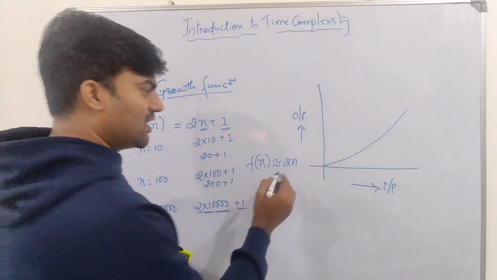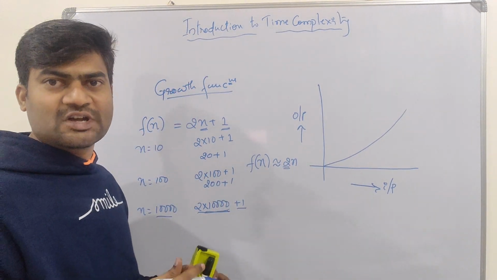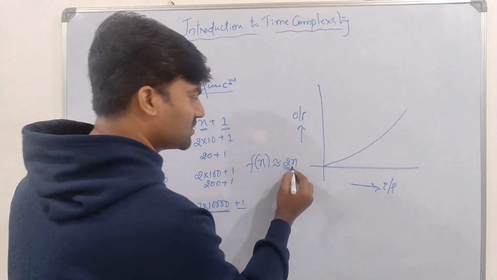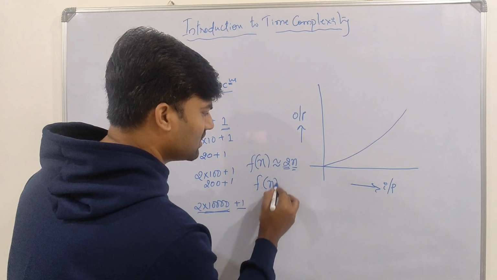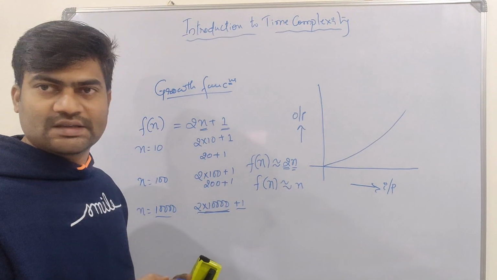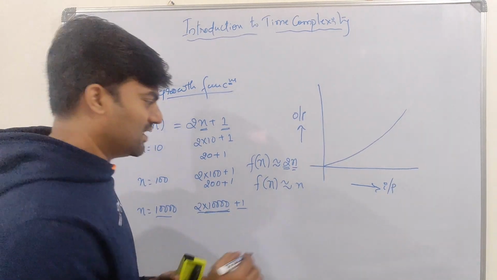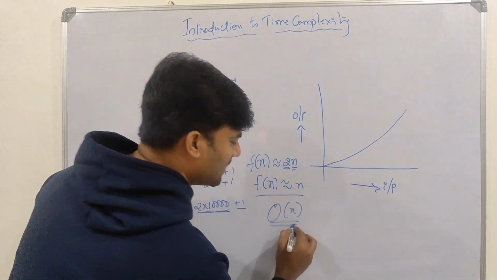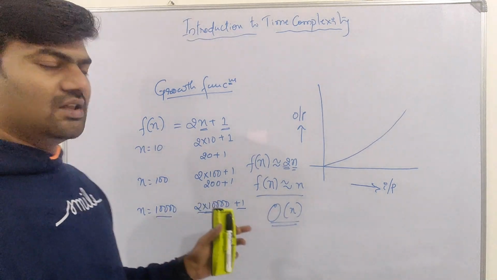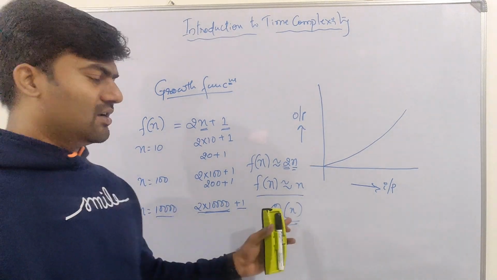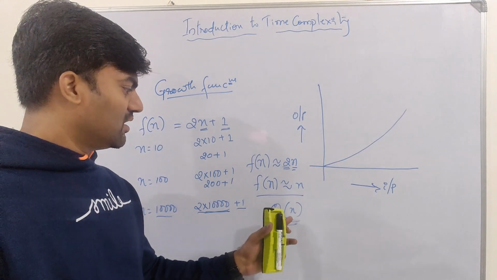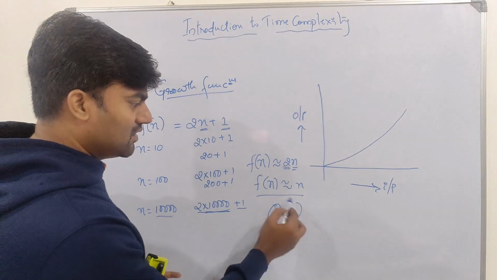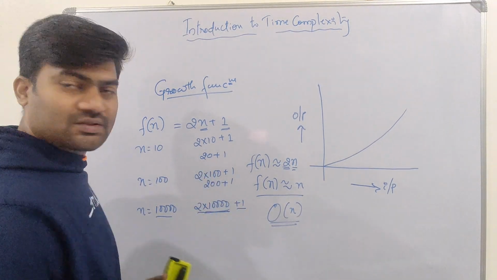But this is also a constant factor, with not much impact as n grows. So we can say f of n is equivalent to n. We normally represent it as big O of n, which is order of n. Here the output grows in linear terms: as n increases, the output increases. So this is one example.